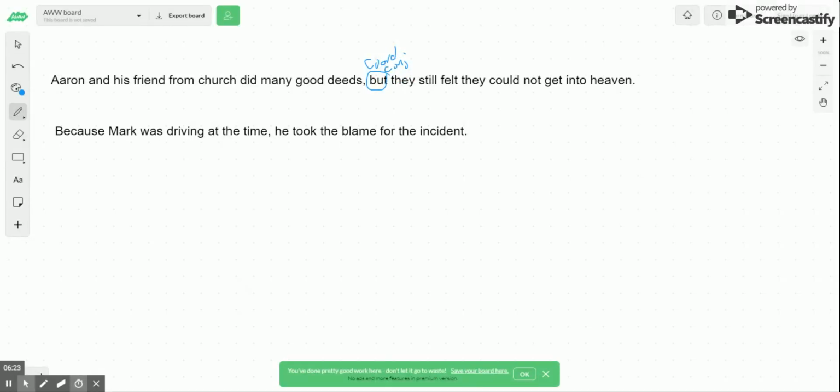It's connecting the clause Aaron and his friend from church did many good deeds to they still felt they could not get into heaven. There's another coordinating conjunction here, and, which is connecting equal parts, Aaron and friend.